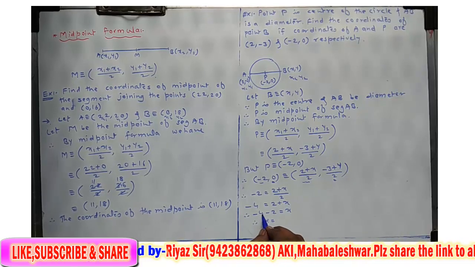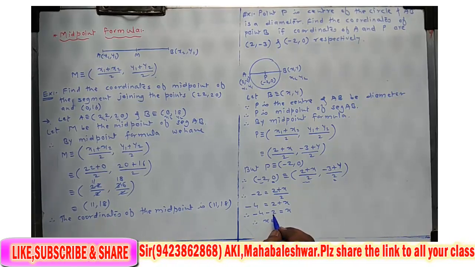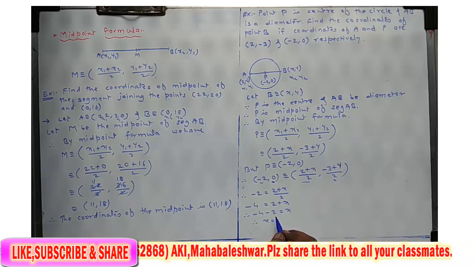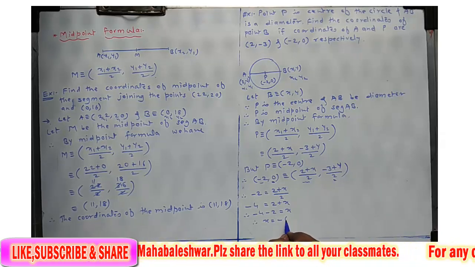and therefore -4 minus 2 is equal to x and therefore x is equal to -4 minus 2. So -4 same sign is there. So -4 minus 2 is -6.